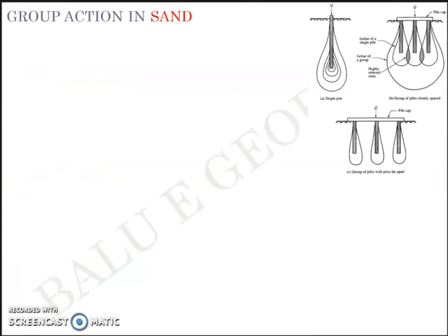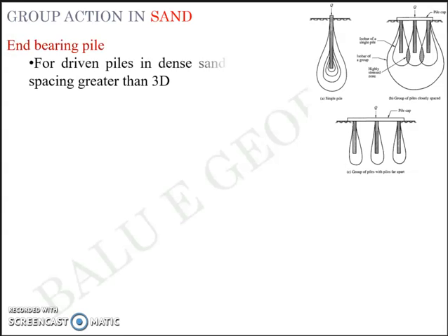Now we'll discuss the group action in sand. Now the group action in sand, let's take the end-bearing pile. For a driven pile in sand, in dense sand, installed at a spacing greater than 3 times the diameter, Qg may be approximately taken as N times Qu, which means 100% efficiency when they are installed at a spacing that's greater than 3 times the diameter.